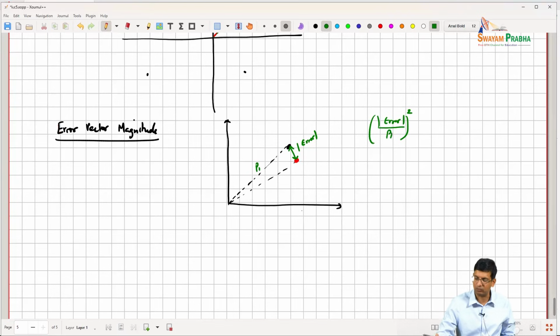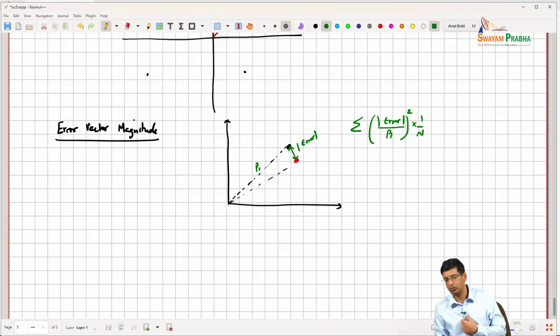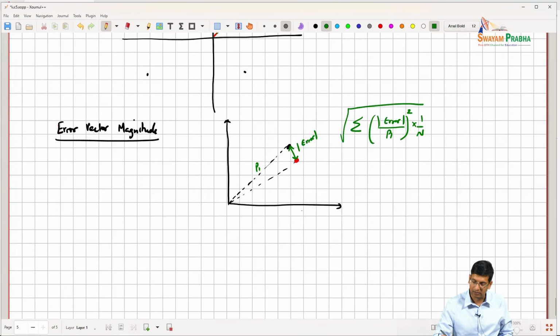I sum this over all such constellation points, and let's say I have n values, and then I take 1 over n. So this is the mean squared error, and then I can take the square root of this to get the root mean squared error, to get the EVM.